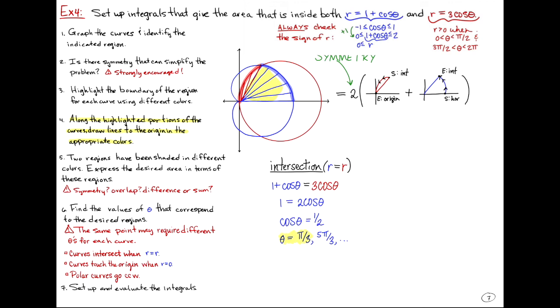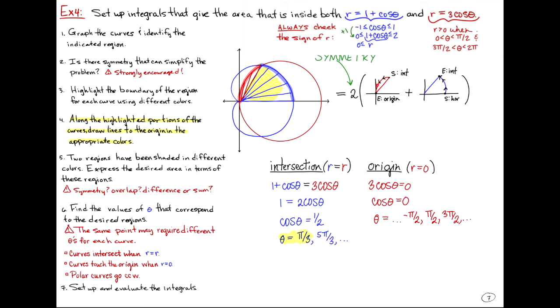Next, we need to find where 3 cosine theta intersects the origin. To do that, we set r equal to 0. 3 cosine theta is equal to 0 when cosine theta is equal to 0. Theta is equal to negative pi over 2, pi over 2, 3 pi over 2, and you could keep going.